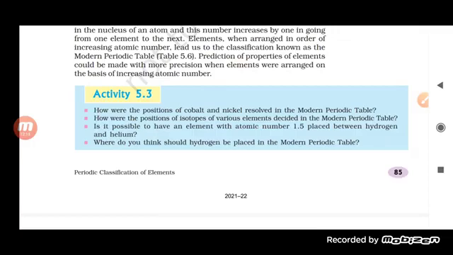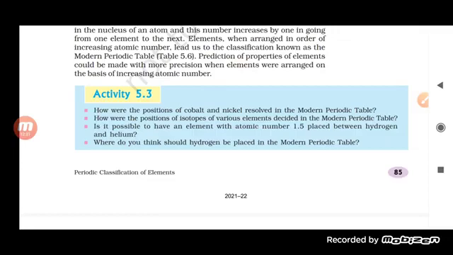Next one, how was the position of the isotopes of the various elements decided in the modern periodic table? Again, isotopes have the same atomic number but different atomic masses, and the division has been done on the basis of atomic number, so obviously the isotopes were placed properly.